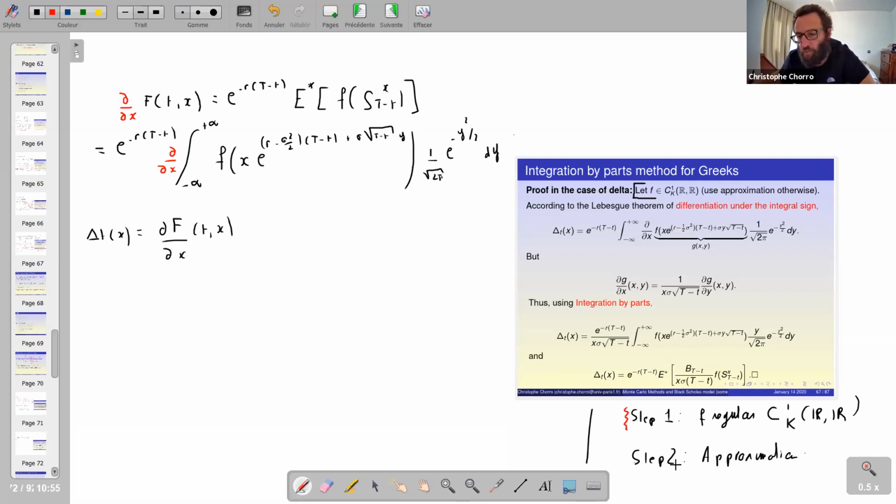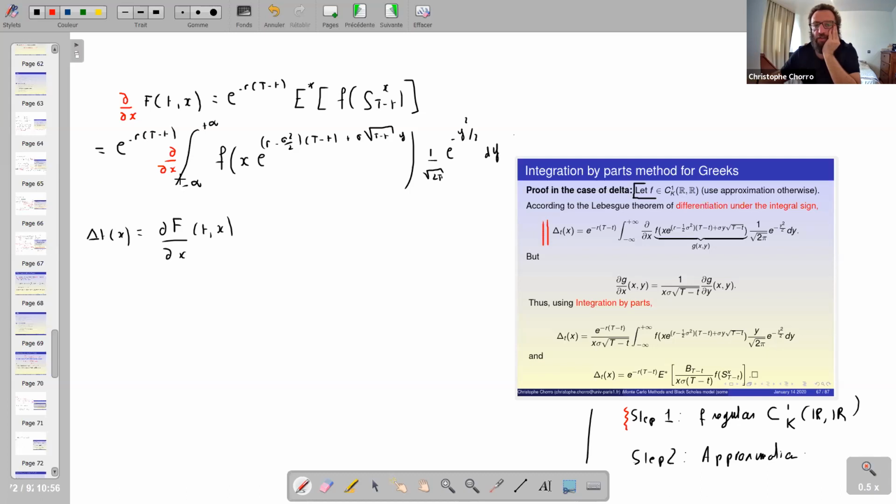To pass from step 1 to step 2, you just have to use an approximation argument as it is written here. So if I suppose that f is very regular, that is step 1 of my reasoning, I can invert between the derivative and the integral, and it's exactly what I obtain here.